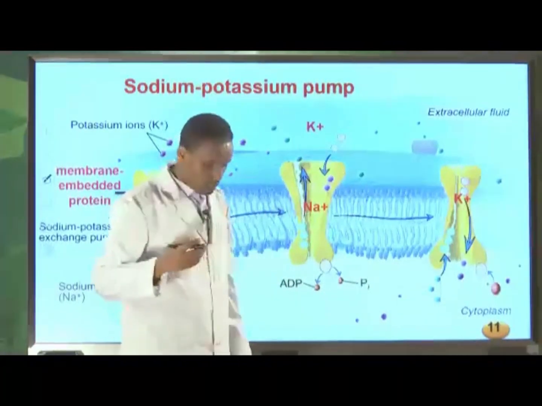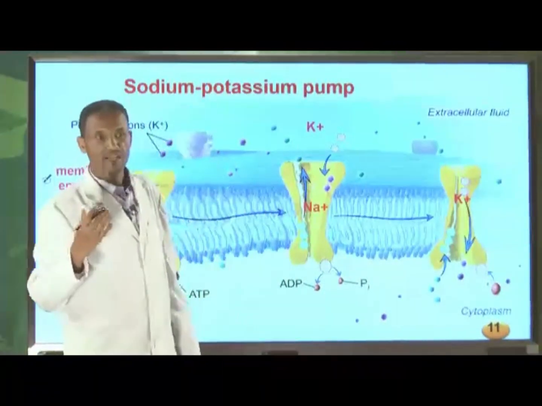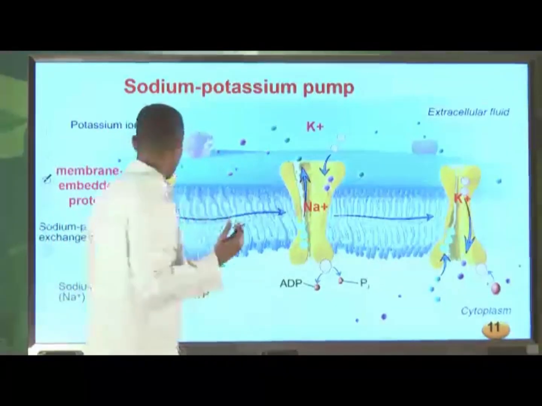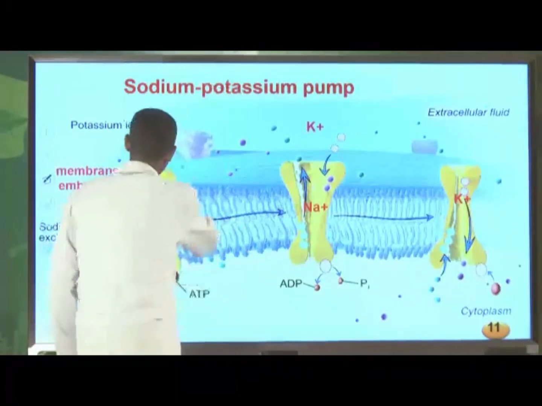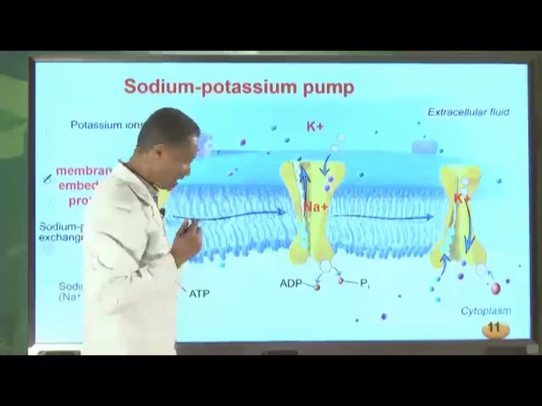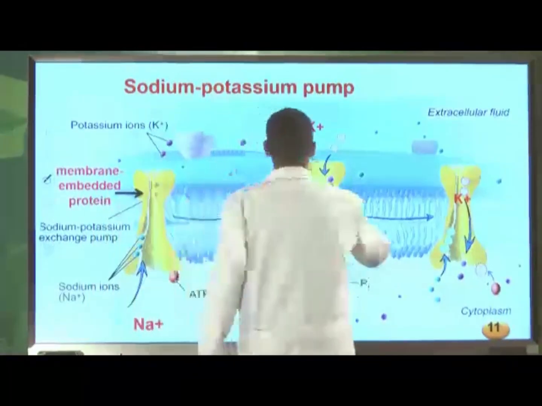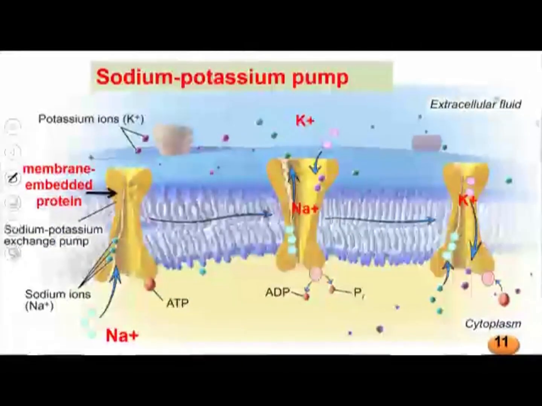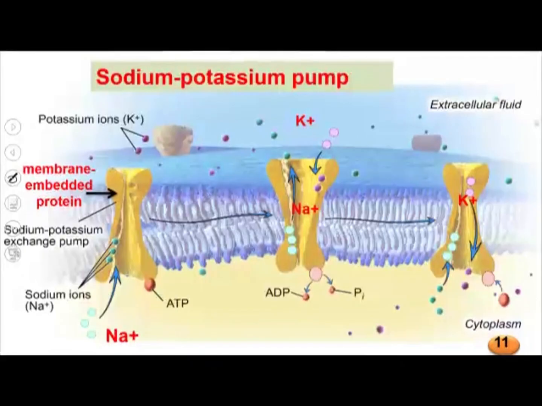Now, for normal nerve impulse transmission, the sodium ion has to be pumped out from the cell, and the potassium ion has to be pumped into the cell. But this process is energetically unfavorable.